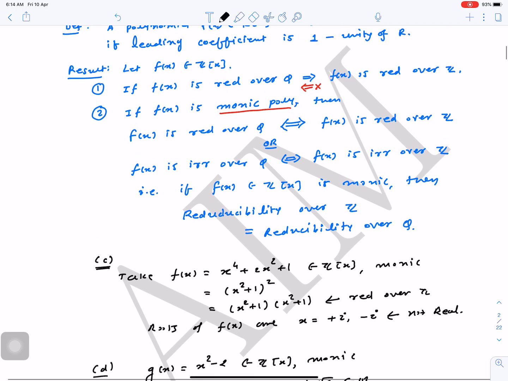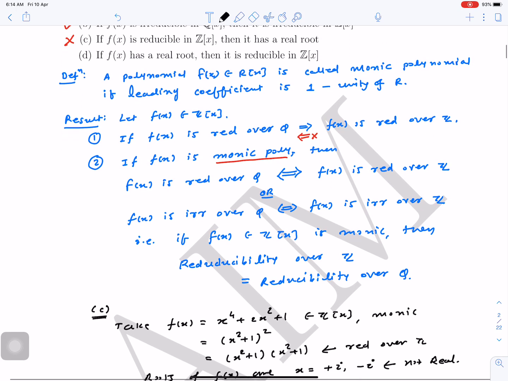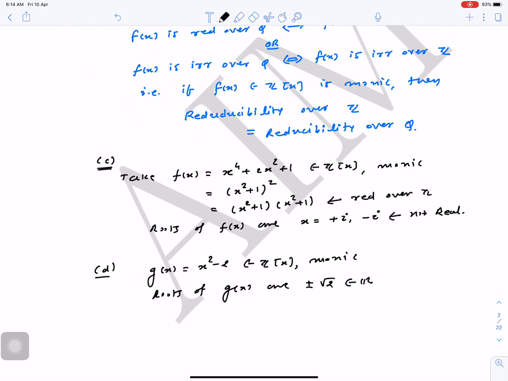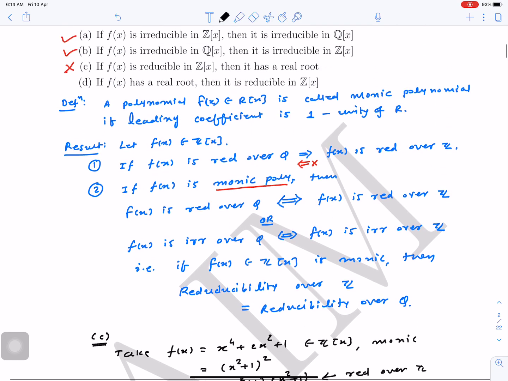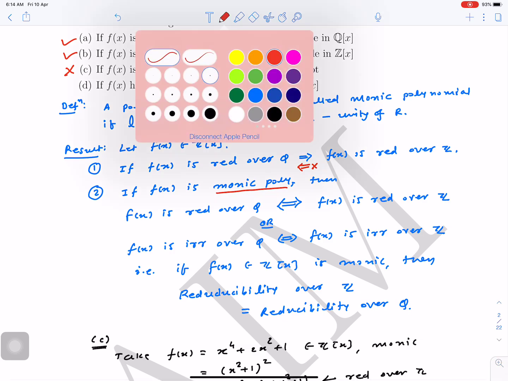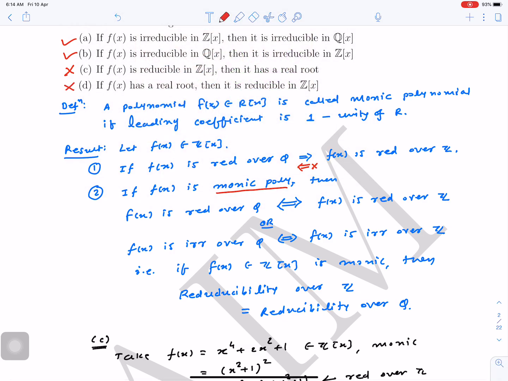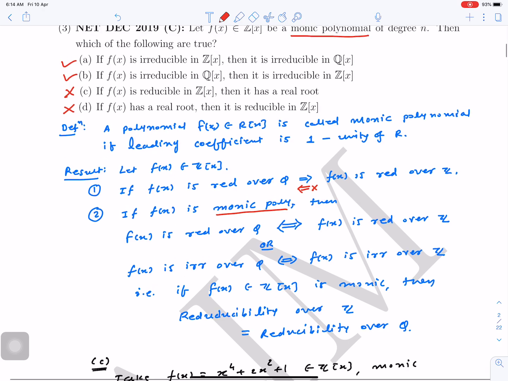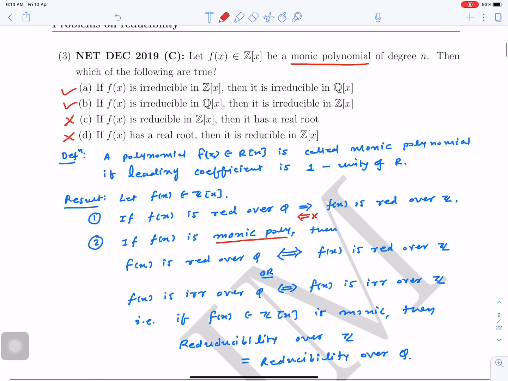These are real, so all the hypotheses are satisfied. Then it should be reducible in Z[x]. But g(x) equal to x squared minus 2 is not reducible in Z[x]. So option D is wrong. So options A and B are correct.